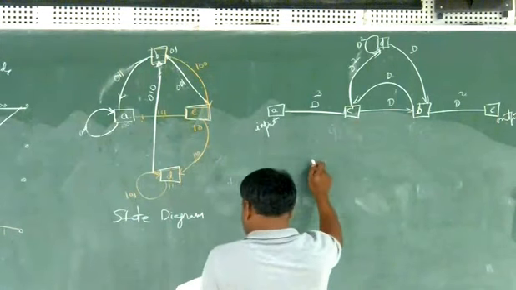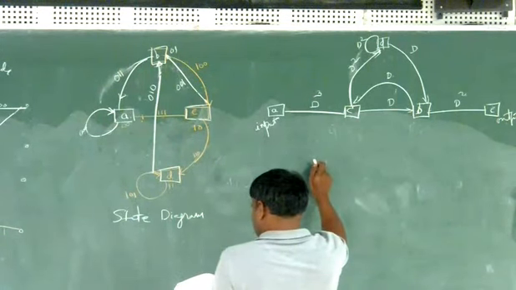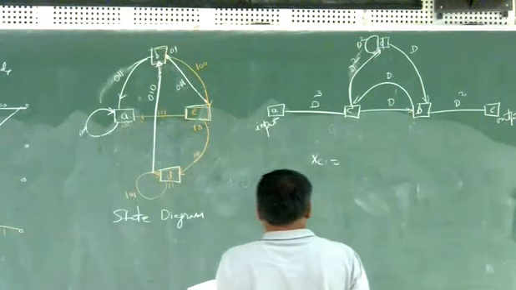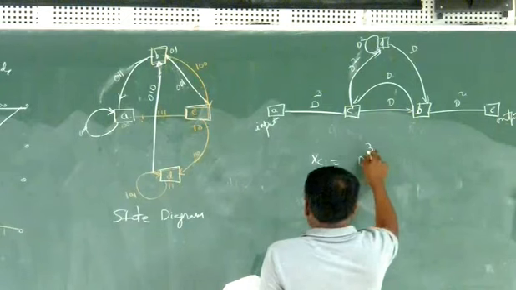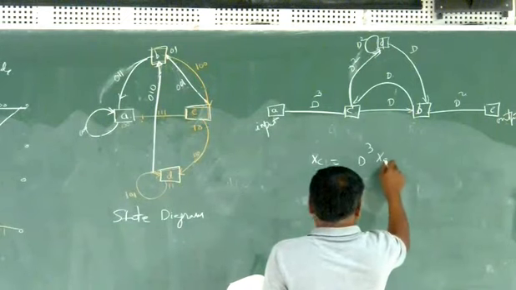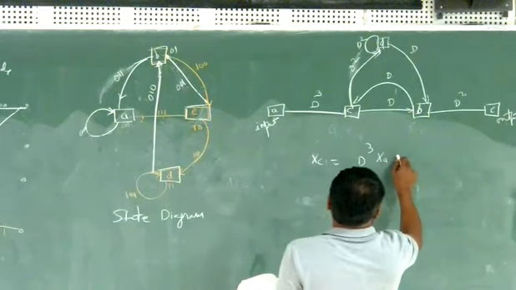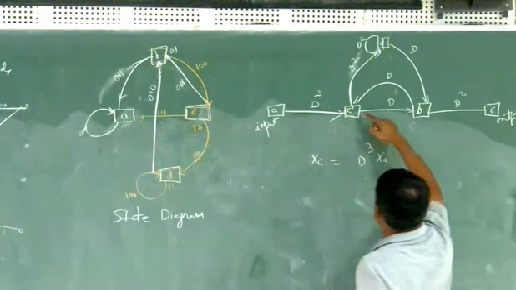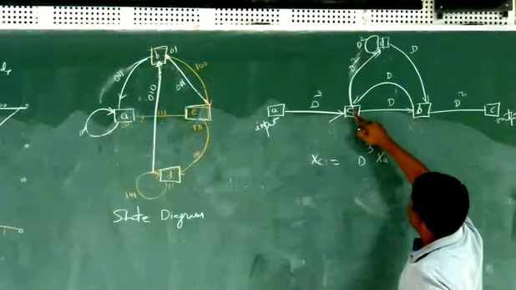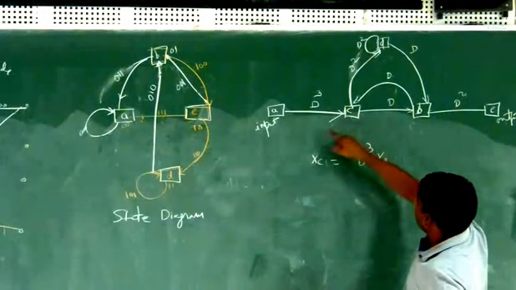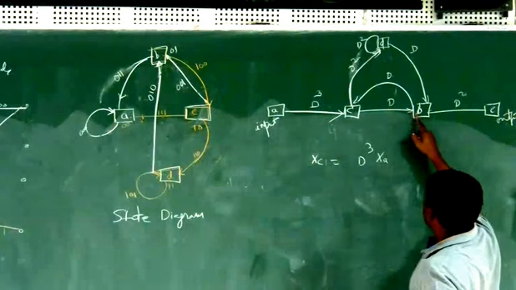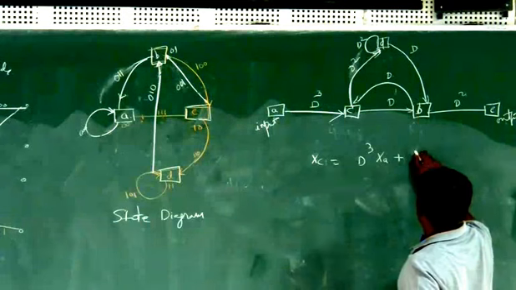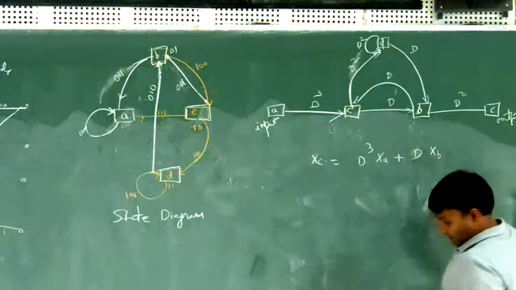Here, Xc is equal to D squared into Xa. Okay, this arrow. Now how many arrows are coming in? Xc is equal to D squared into Xa plus D into Xb.